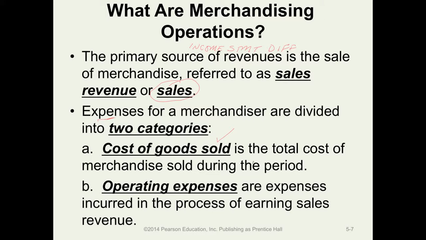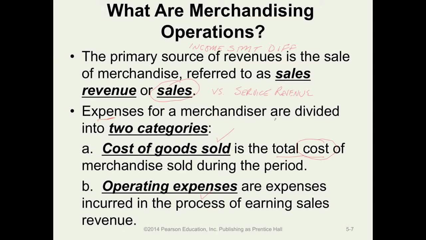The cost of goods sold, that represents the amount you paid for each unit that you sell, and operating expenses, which are your selling, general, and administrative expenses. When you look at the income statement again, to summarize, sales versus, as I said, service revenue. And of course, your cost of goods sold, which is the cost of the units that you buy.